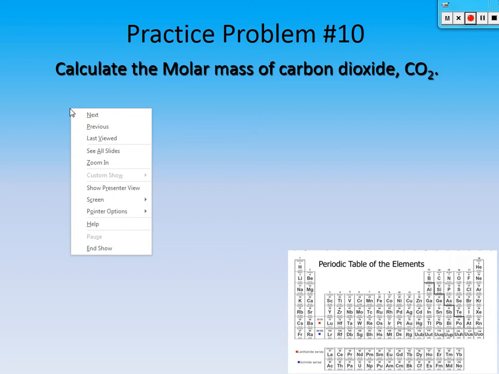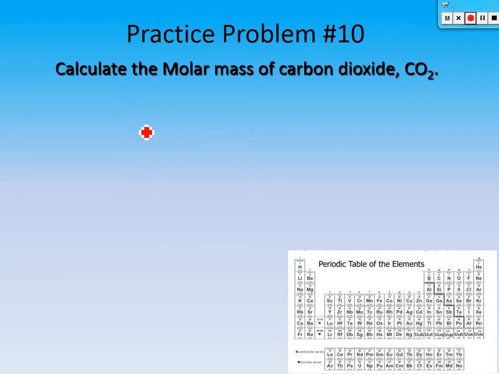Okay, guys, let's see how you did. So we've got CO2. Hopefully you looked up carbon, and this number right here, rounded to the nearest whole number, is 12. So carbon is equal to 12. How many carbon atoms do we have, guys? Just 1, so I'm going to times it by 1, which is 12.